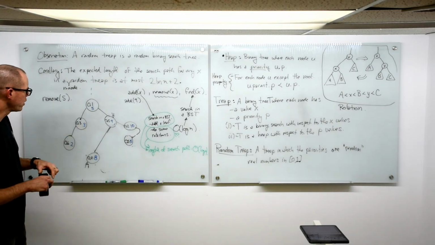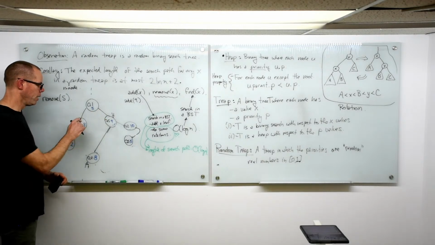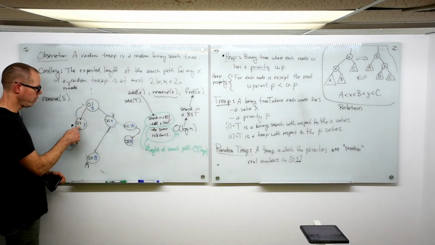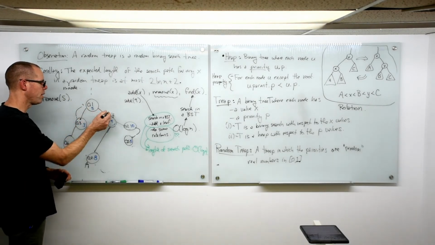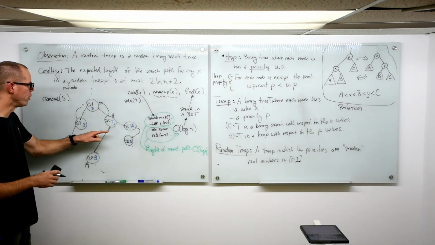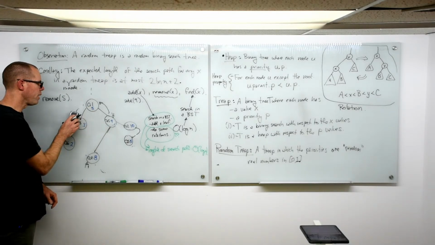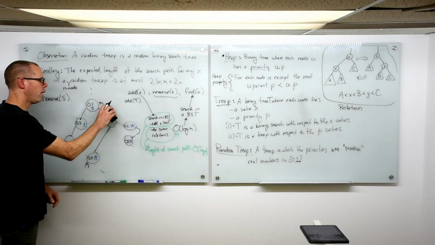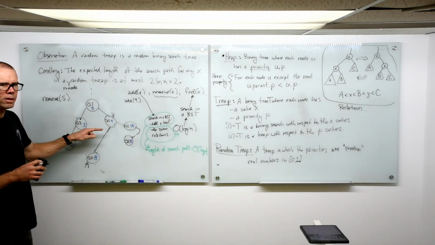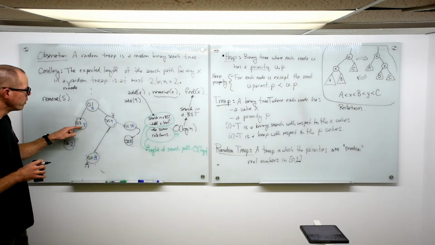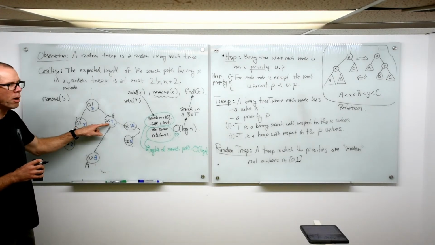When you do a rotation, if I do a right rotation, that means that this one will become the new root. If I do a left rotation, that means that this one will become the new root. If we think about it for a second, we don't actually get to choose which one is going to be the new root. The new root has to be the one with smallest priority.